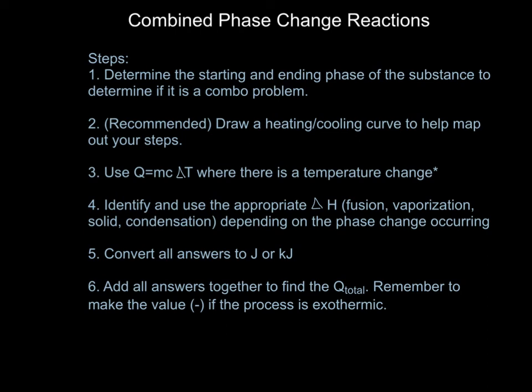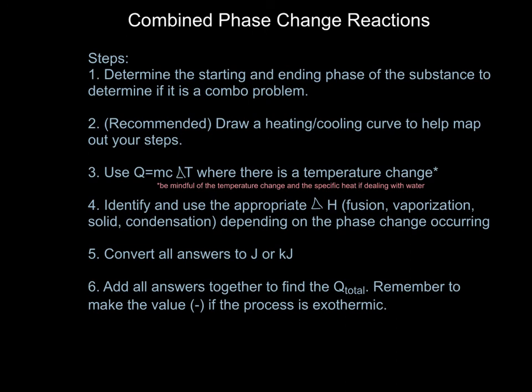For step 3, once you've mapped out your steps, you're going to use your Q equals mcΔT where there is a temperature change. But remember, be mindful of the temperature change so that you're only dealing with the temperature change for the specific piece you're using, and your temperature change is always final minus initial, and use the specific heat of the particular phase that you are in.